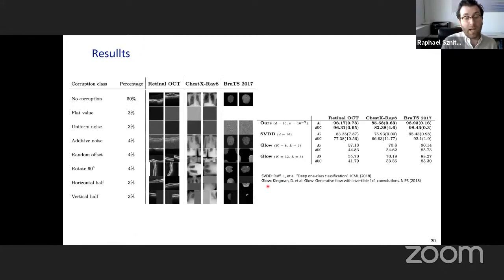So what happens when you actually use and train a system like this? We did experiments for both OCT, chest X-ray data sets, and MRI sequences, and compared it to typical approaches in this space. So one of them was a deep one-class classification approach, basically projecting the data and then solving an SVM style one-class classification approach, or then a generative approach called GLOW as a baseline to show how it would compare.